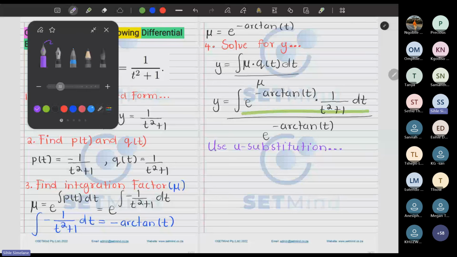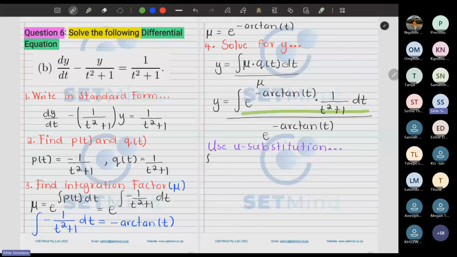So what I'm going to do is let u be equal to that negative arctan of t, such that my du dt then becomes negative 1 over t squared plus 1. Okay, this is what I have.